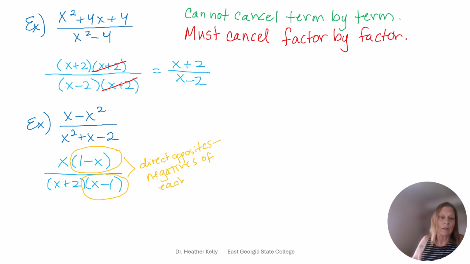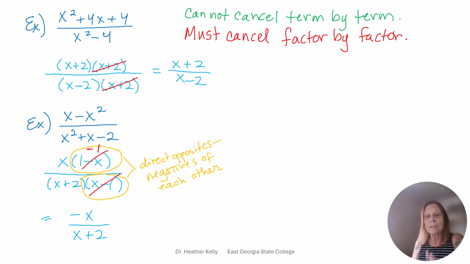And when you notice that you have negatives of each other, they cancel out to equal a negative 1. And so our answer here is negative x over x plus 2. Now notice these x's don't cancel here because the only thing to cancel out an x plus 2 is another x plus 2, and the only thing to cancel out an x is a single x, not an x that's wound up with something else.